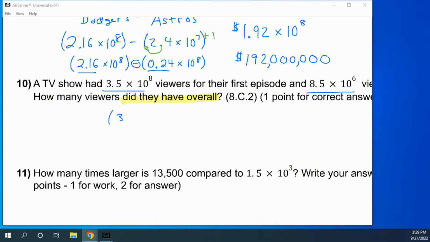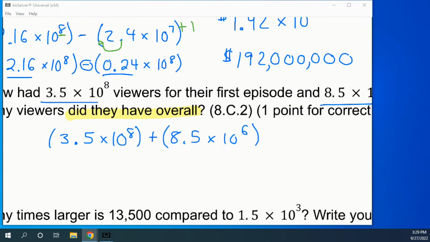So I'm going to take 3.5 times 10 to the 8th plus 8.5 times 10 to the 6th. Just like I did on the last problem, I'm going to increase my exponent because I have to get them to be the same. It's essentially like we're lining up decimals to add or subtract.